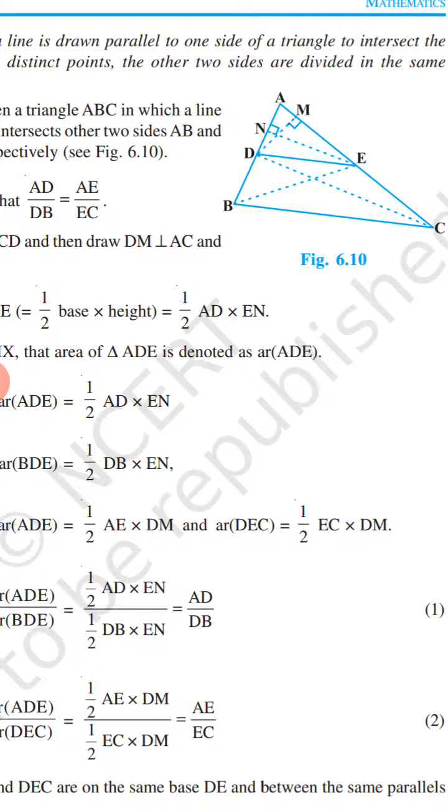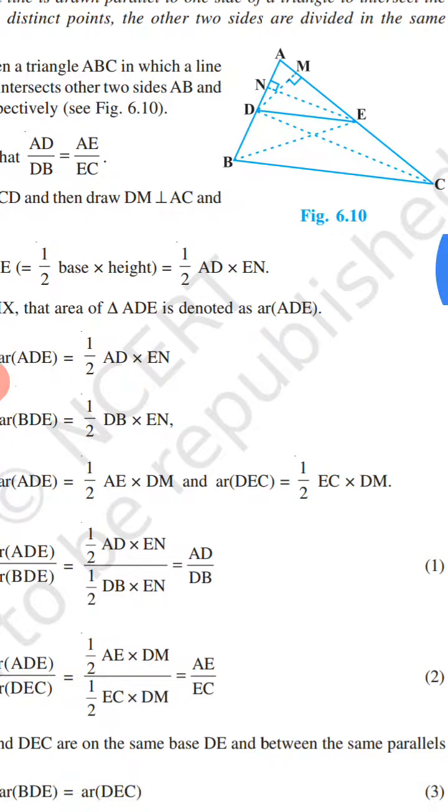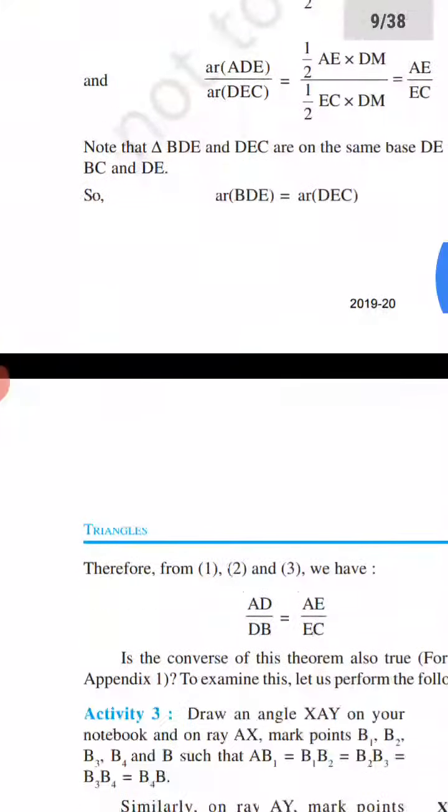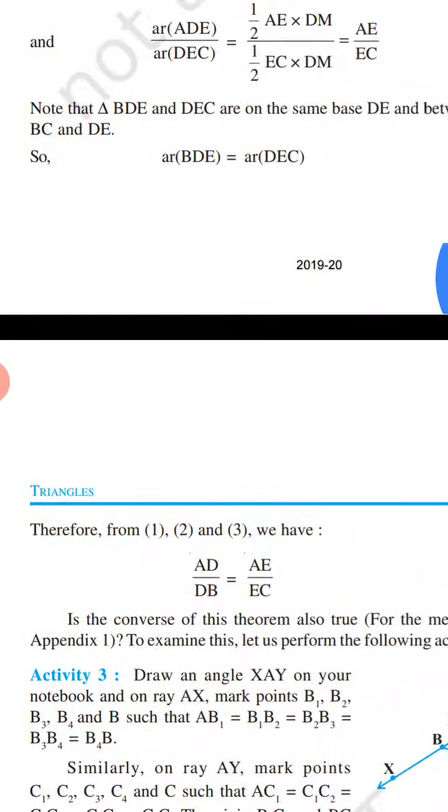So these areas are equal, as we know that triangles on the same base and between same parallels are equal in area. So both are equal. So from first and second, AD by DB is equal to AE by EC.